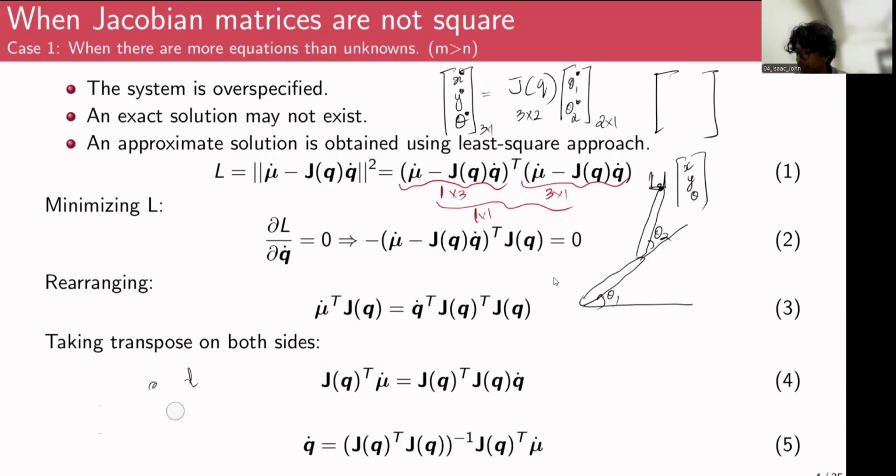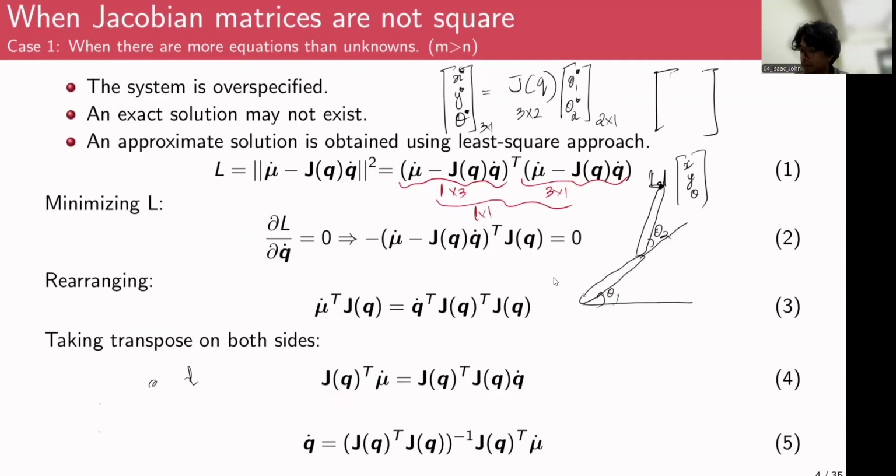So if you take the transpose of this entire term, you will get J of Q transpose mu dot transpose, the whole transpose. That makes it mu dot. And if you take the transpose of this side, you will get J of Q transpose J of Q multiplied by Q dot. That is what I have written here.